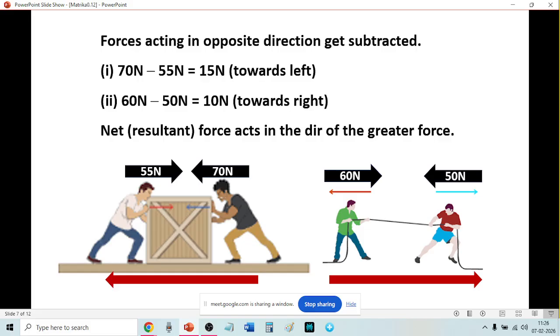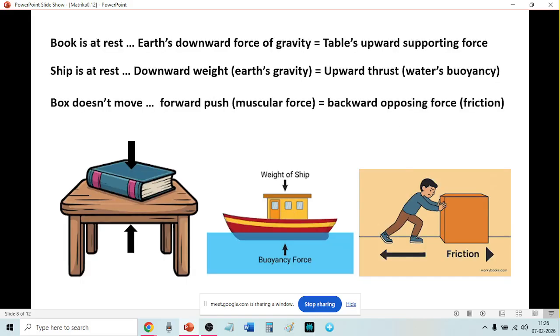Now, why is the book at rest? If the book is at rest, that means balanced forces. The weight of the book, that is the gravity, is acting downward, and the table is exerting upward force to support it.